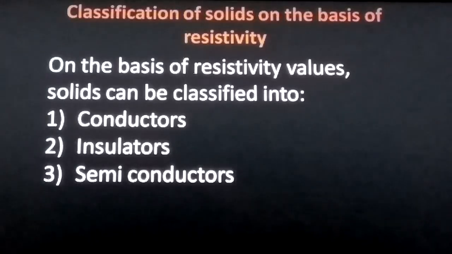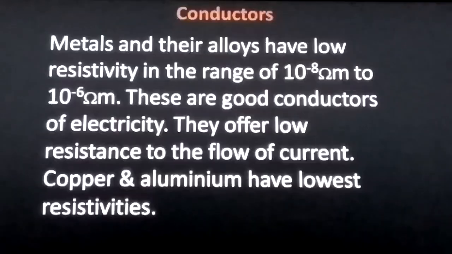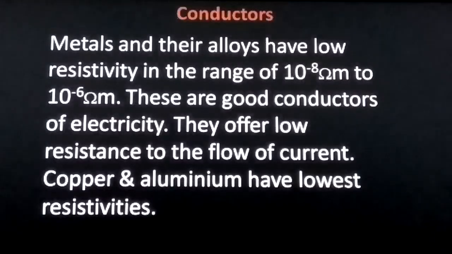What is the resistivity of the conductors, insulators, and semiconductors? Students, so there are three types: conductors, insulators, and semiconductors. Now we will see one by one. So first one is conductors, means metals.